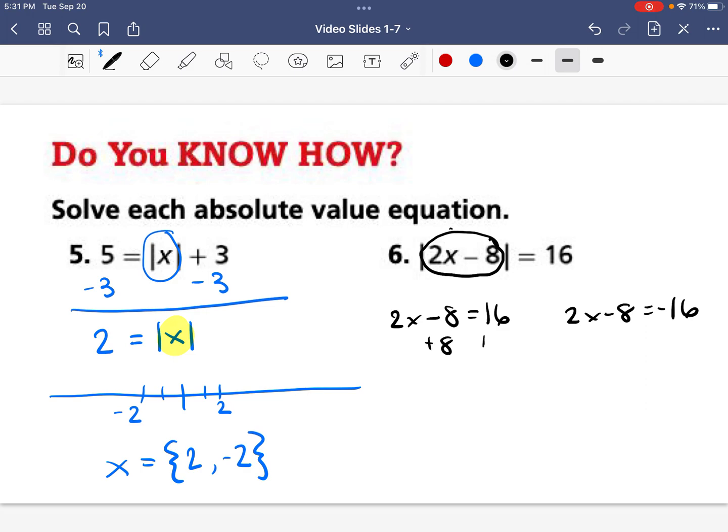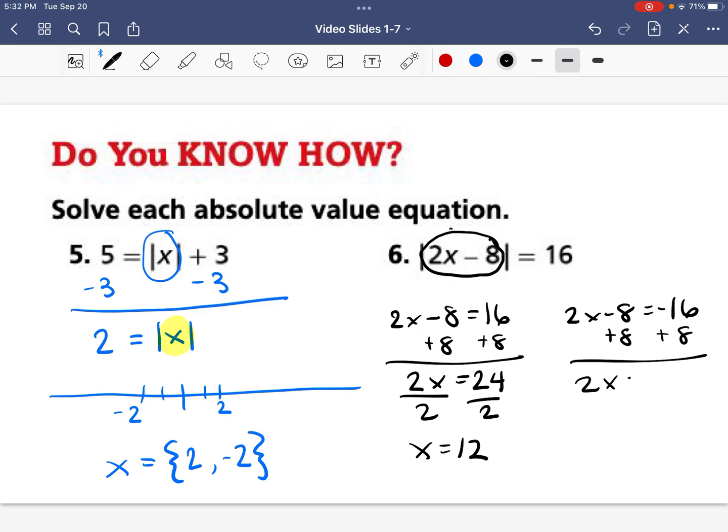So I'll add 8. I get 2x equals 24. Divide by 2. And x equals 12. For this one, I'd add 8, and I get 2x equals negative 8. Divide by 2 and get x equals negative 4. So in this case, my two answers that I've come up with are 12 and negative 4.